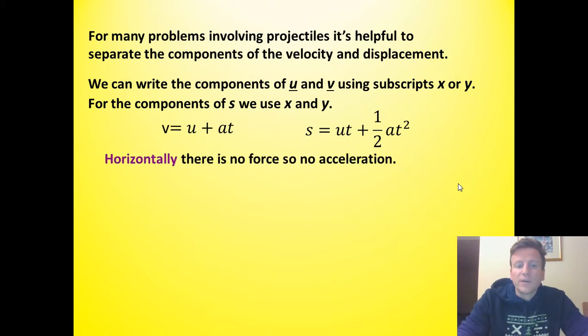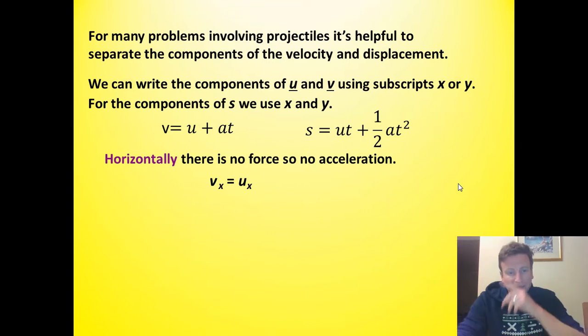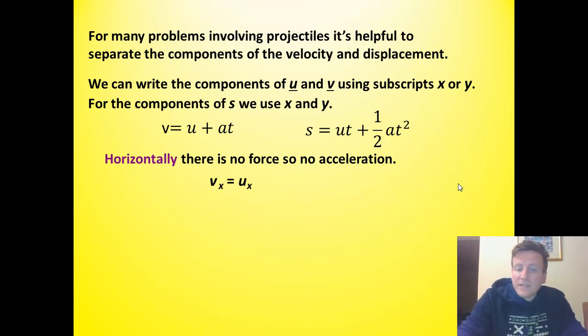So if we look at our two equations, we will notice that horizontally there's no acceleration, because remember we said that the gravity would be 0 and negative 9.8. That means that the initial speed will just equal the final speed in the horizontal direction. It will not be slowed down at all. If you move something at a horizontal 5 meters per second, it'll continue to have 5 meters per second as a projectile.